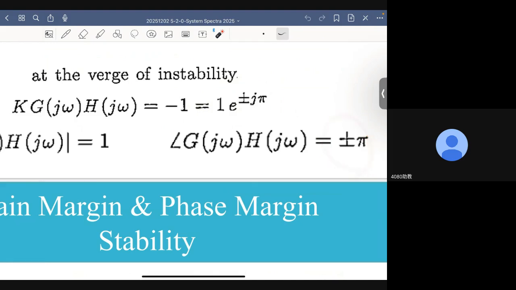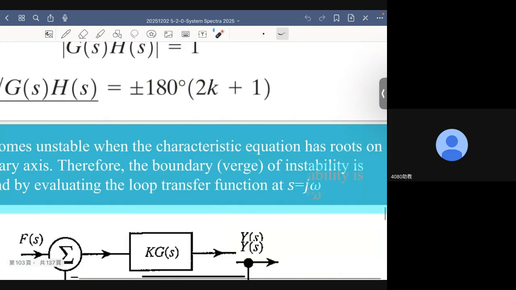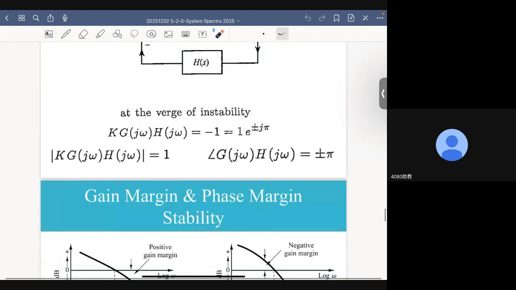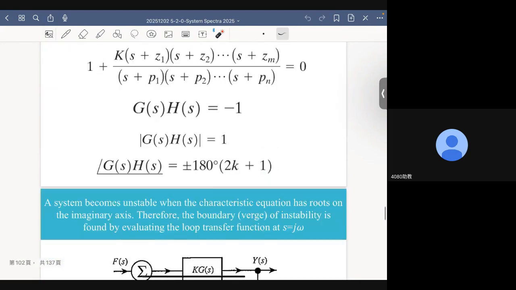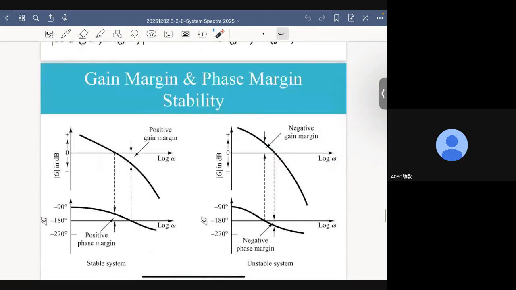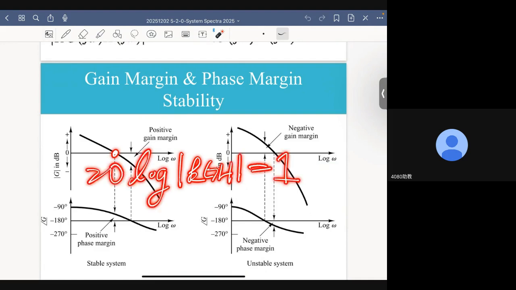That is the reason why magnitude 1 corresponds to the gain crossover frequency, because if the gain is 1, then its dB value is of course 0, all right?